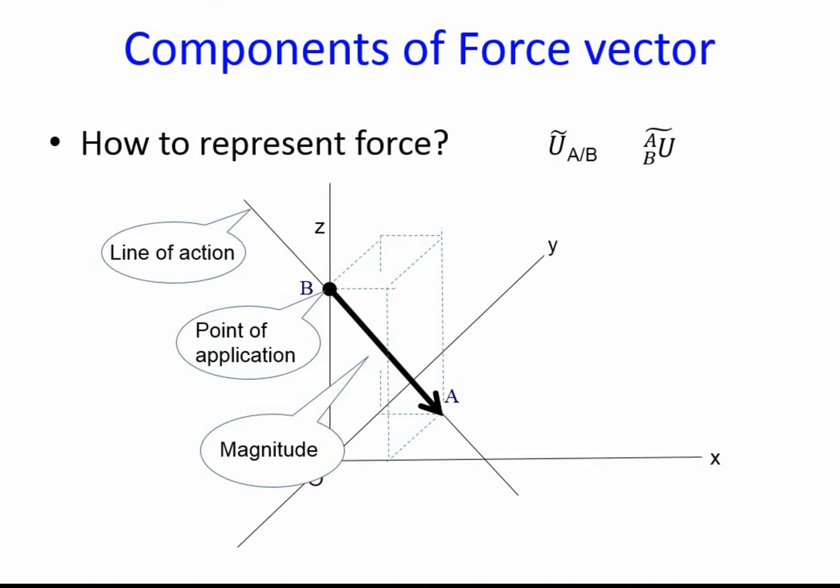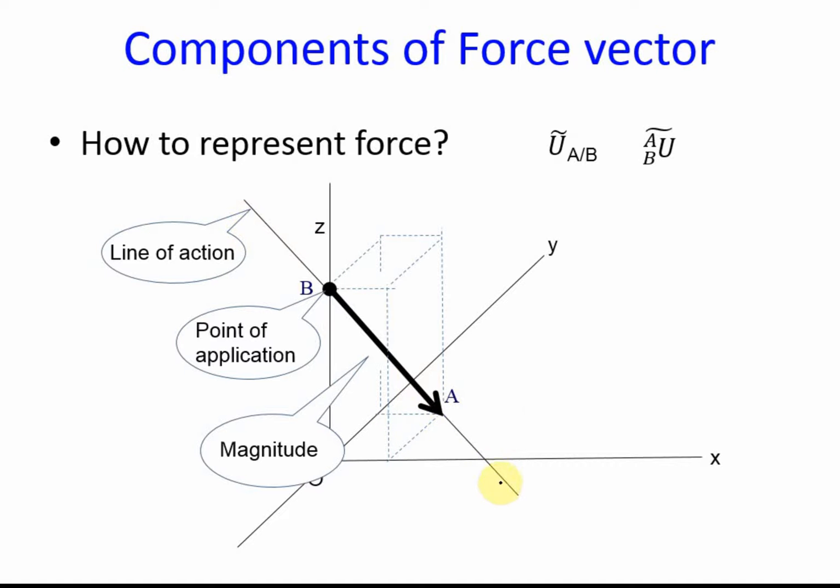The first one is the point of application. In this physical example, the rubber is attached on the foot. So that's the point of application, the point of action. And this length of the vector represents magnitude, and this whole line is the line of action.